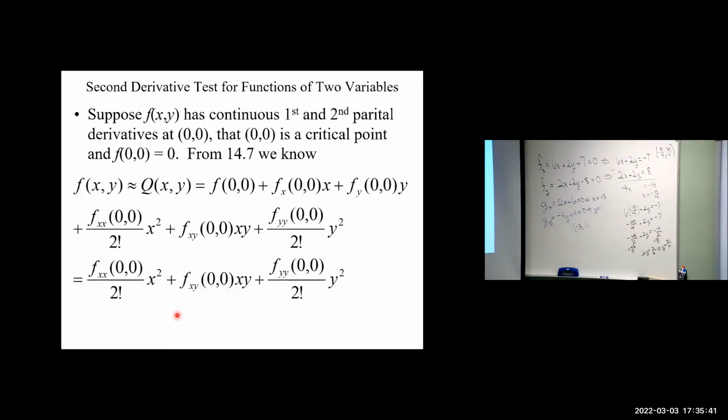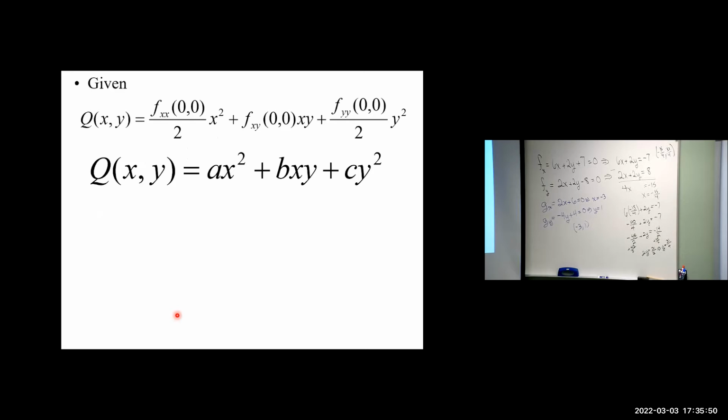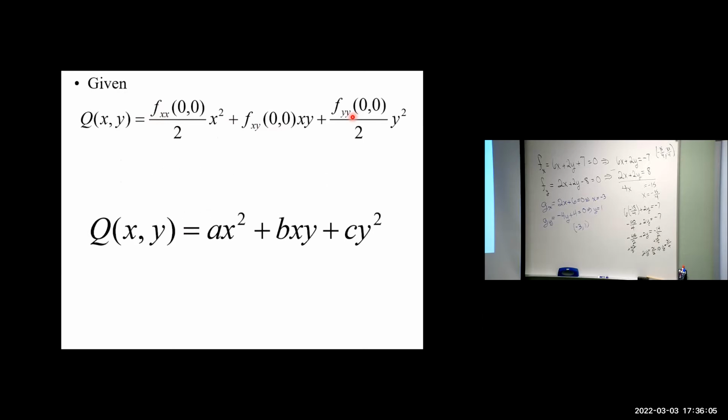Remember, I'm lining this up with that ax squared plus bxy plus cy squared that we looked at before. So the A is based off of f sub xx, the B is based off of f sub xy, and the C is based off of f sub yy. This is where everything's going to get cleaned up in terms of our partials.